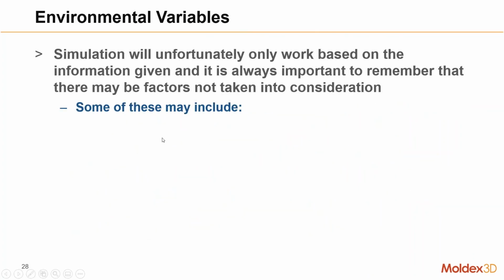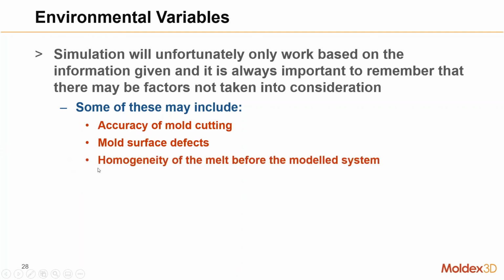Some of those environmental variables might include inaccuracy of the mold cutting, mold surface defects, so maybe like a scratch, or maybe the roughness of the surface is a little bit different, or maybe it's a little older of a mold. Homogeneity of the melt before the modeled system.